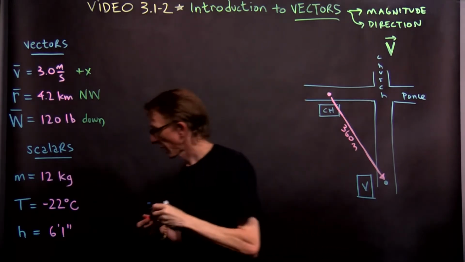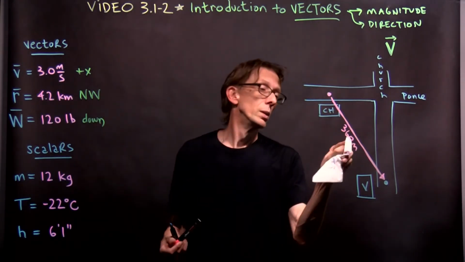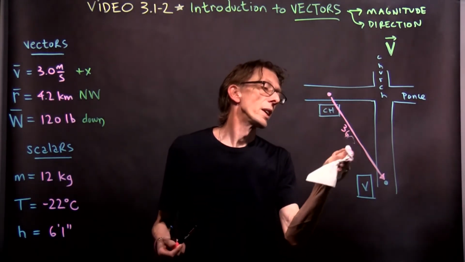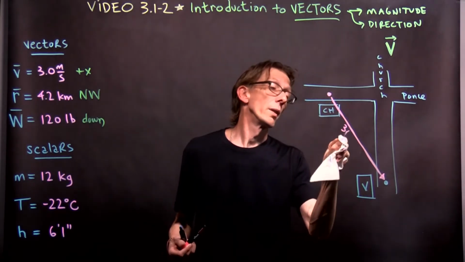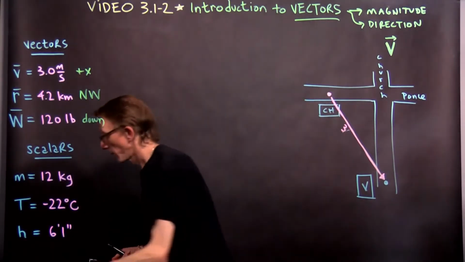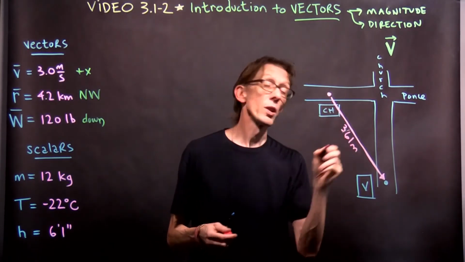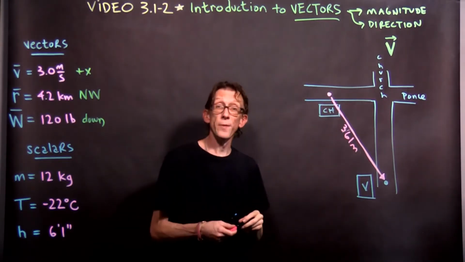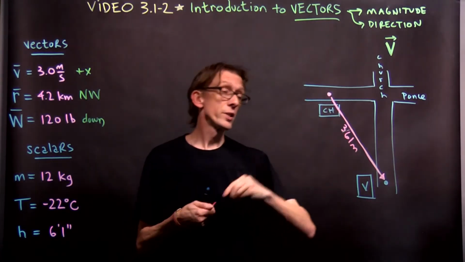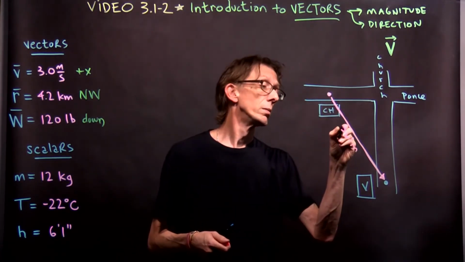Actually, I think it's actually 361. That's not the actual number. That's just the numbers I've worked out in my notes. So 361 meters. So a stranger comes up to you and says, where's Victory? And you say 361 meters to the southeast.